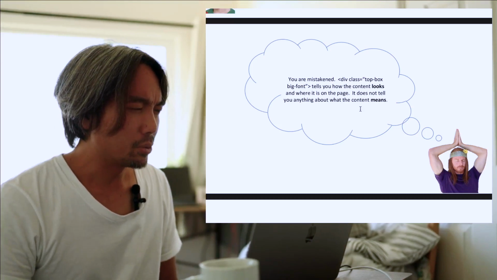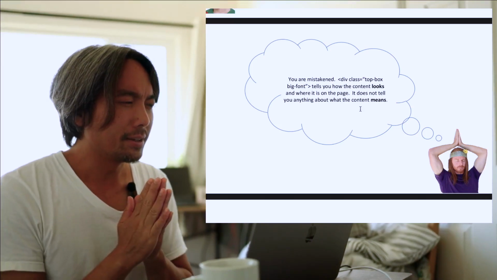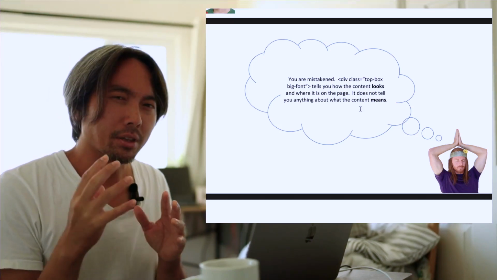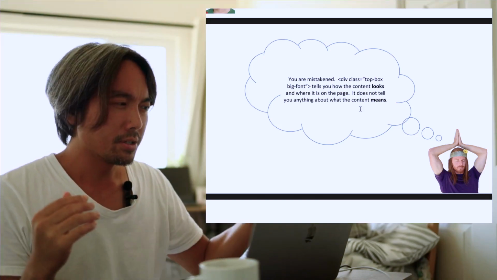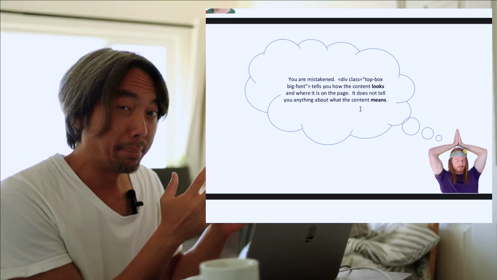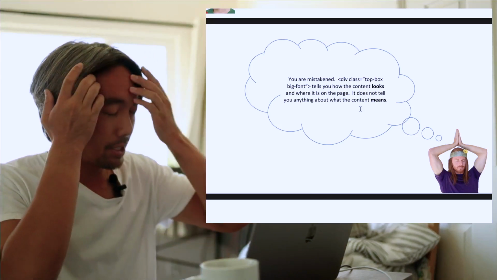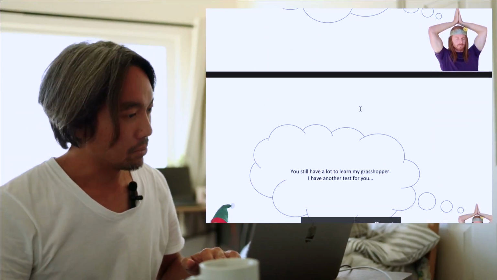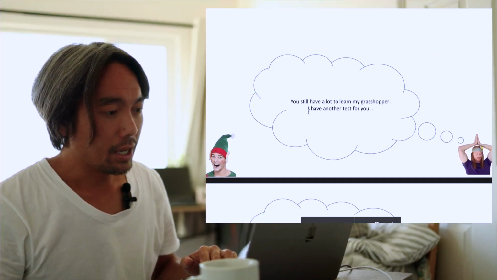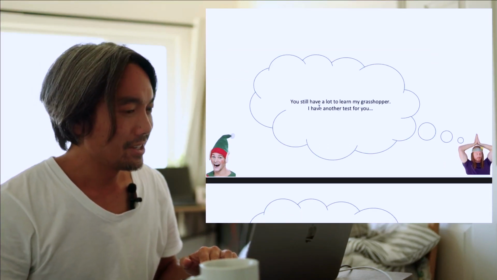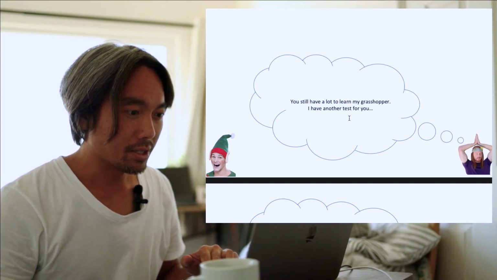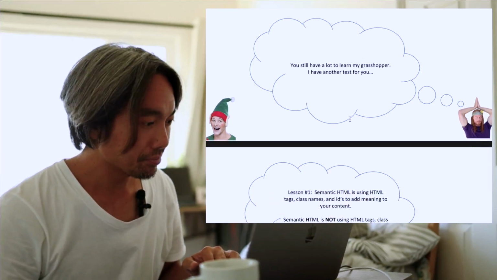The difference between describing how something looks versus describing what something means, like content-wise, language-wise. Okay, so that's what the guru is saying here. And he says, you still have a lot to learn, my grasshopper. I have another test for you.